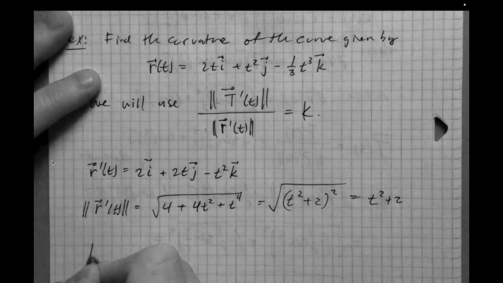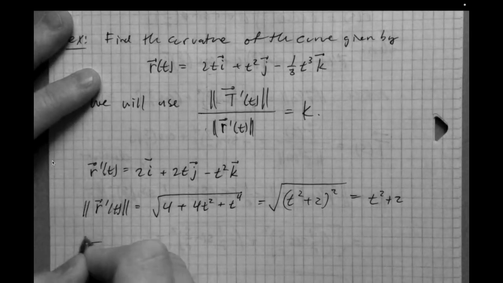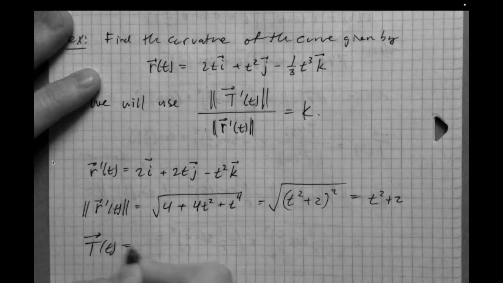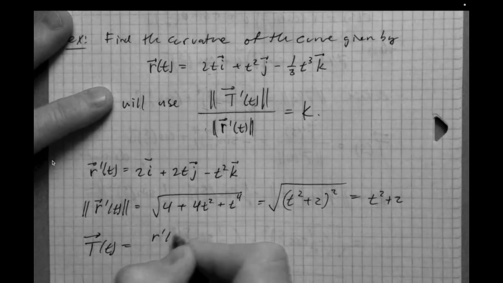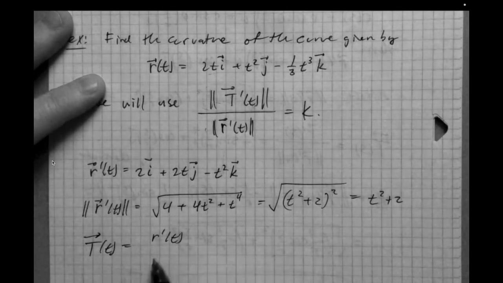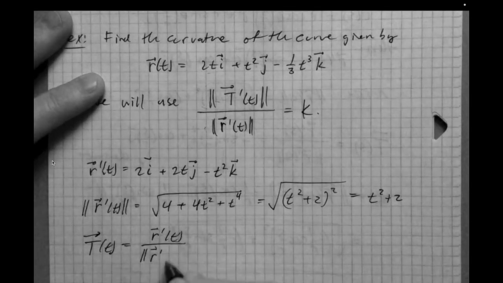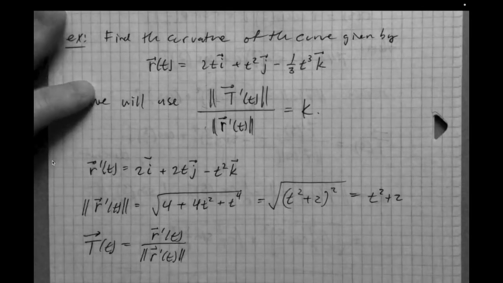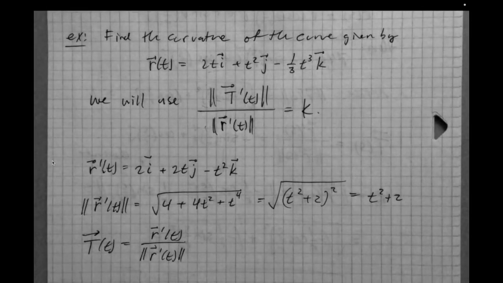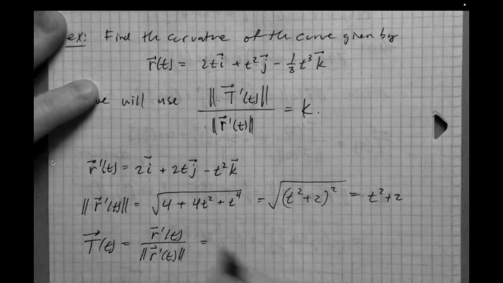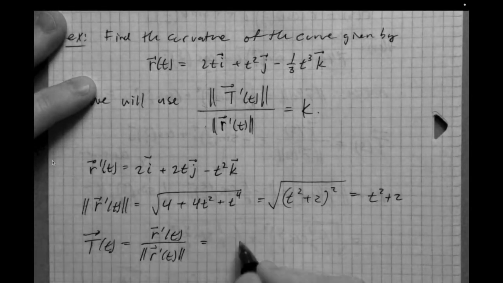So what is T? Right, T is r prime of t, divided by its norm. So it's basically take the norm of the derivative of r. Okay, and so we can just write this out. We have all of the pieces here.